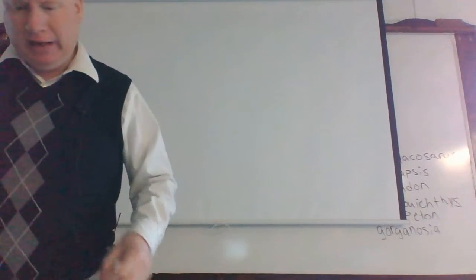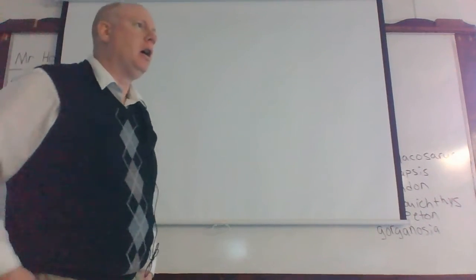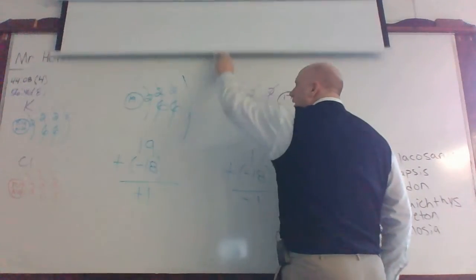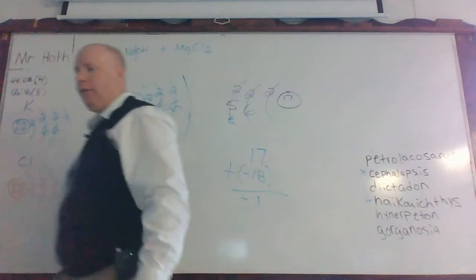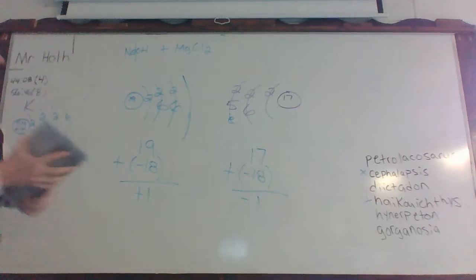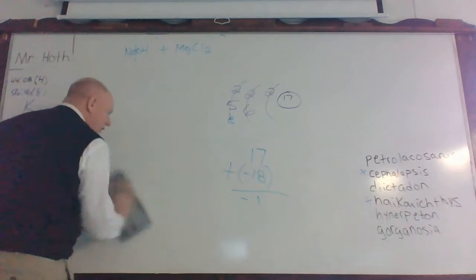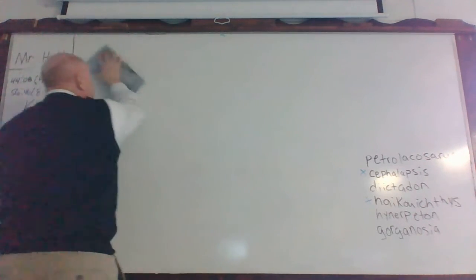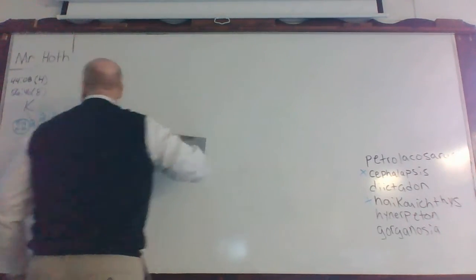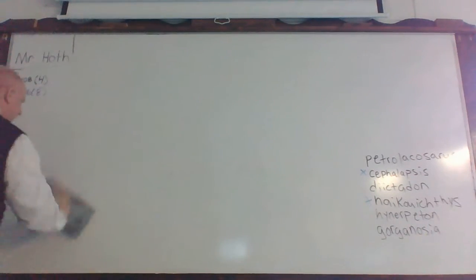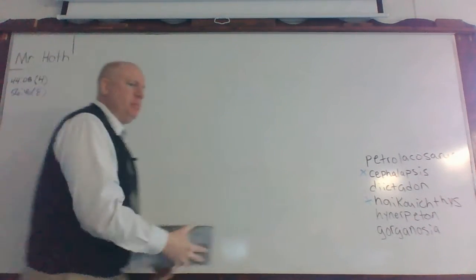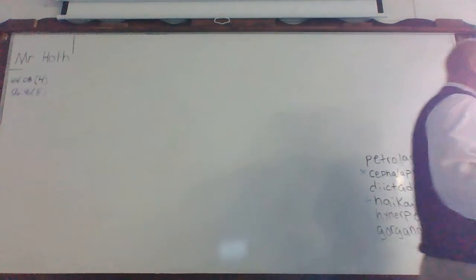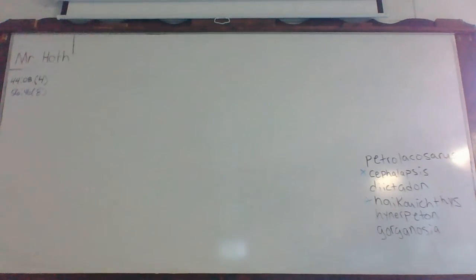About page 310 is where we'll start converting mass to mass problems. Because notice up to this point, we were doing 2 and 3 step problems. Now we add one more for a 4th step, because we may start with a mole of a substance and convert it to moles of another substance.